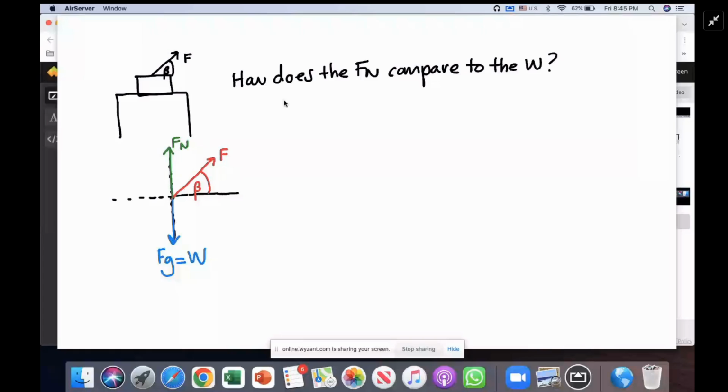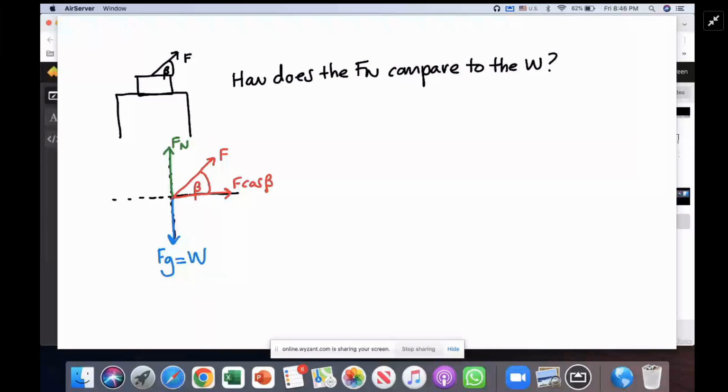So the next step is to take my applied force and draw its components in the X and Y direction. So let's go ahead and do that. I'm going to have an X component here, and we're going to label that force. Now, here is angle beta, which is adjacent. So therefore, we know that it's going to be cosine beta. So it's F cosine beta.